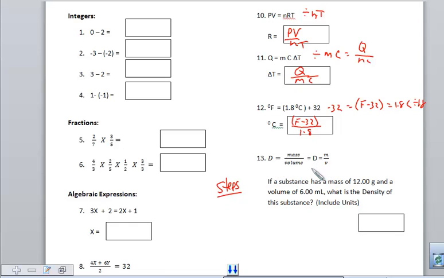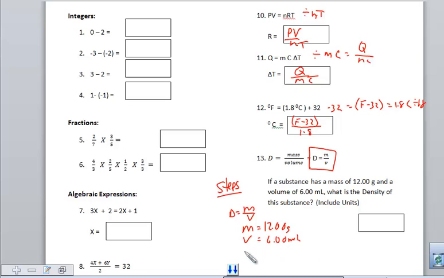The first step is to rewrite the equation: density equals mass over volume. Then you want to identify your variables. The mass equals 12.00 grams, and the volume equals 6.00 milliliters.